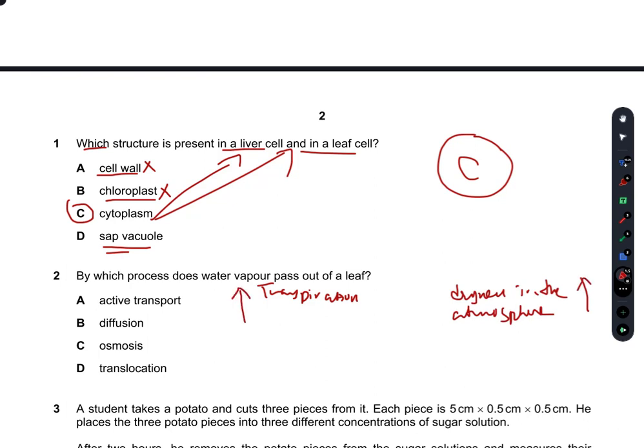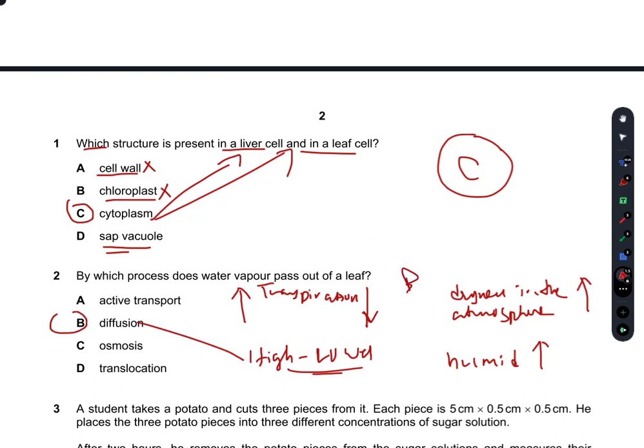So what does this mean? This means that if the water content on the outside is low, the rate of transpiration is greater. Similarly, when the atmosphere is humid, the rate of transpiration falls. So it means that water is passing from higher potential to lower potential, and this movement is always called diffusion. So B is the right answer.